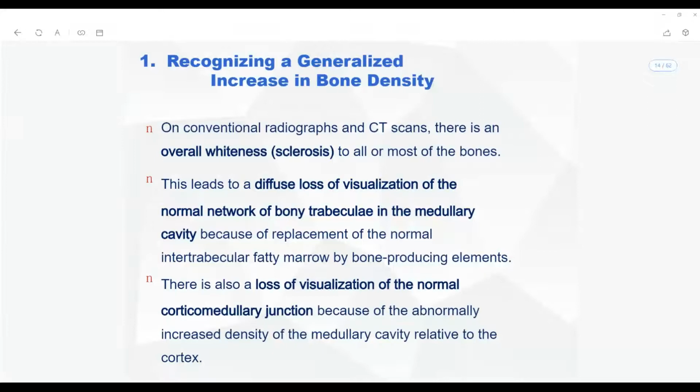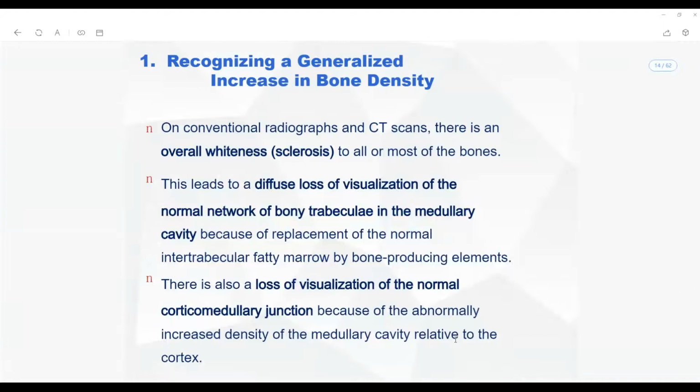Study of shadows. All right, so that is what is happening in our bone density also, which causes loss of visualization of the cortical medullary junction as well, because of the abnormally increased density of the medullary cavity relative to the cortex.